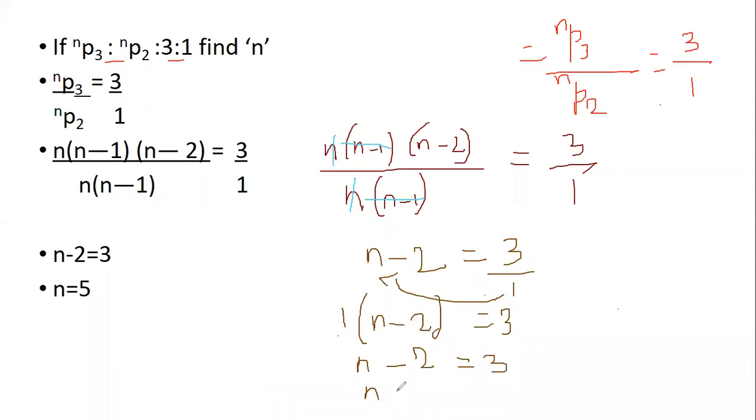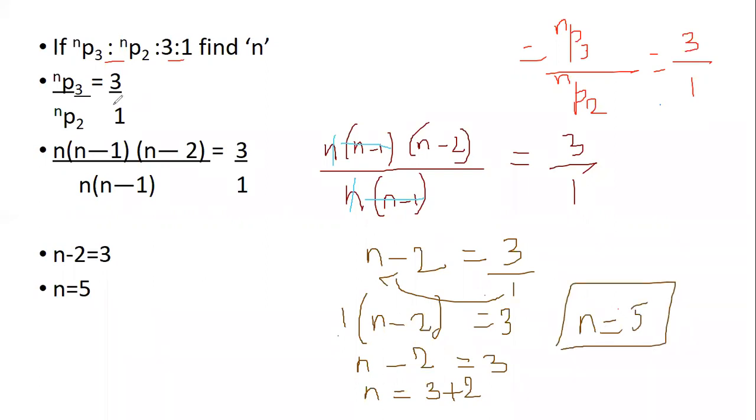Now n is equal to 3 minus 2 if it goes to the other side. Correct, Sindhu. Correct answer. Minus 2 if it goes to the other side. Suha's answer is also correct. Anusha also is correct. It becomes plus. So 3 plus 2. So nothing but n is equal to 5.